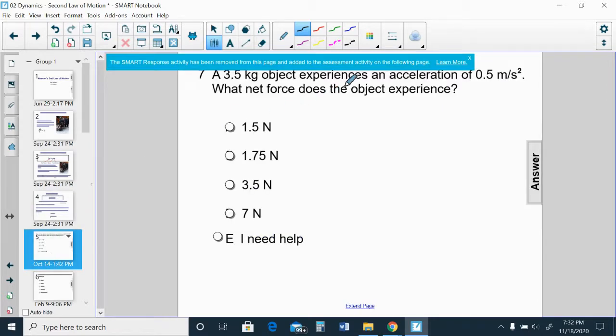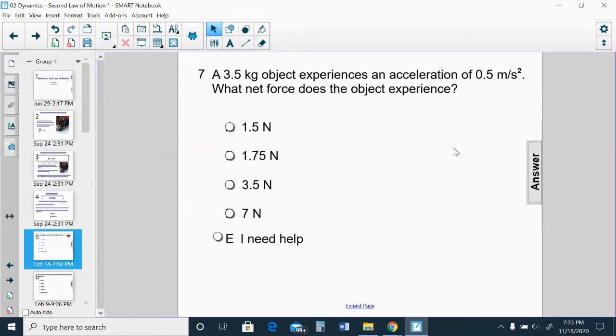Let's try a couple practice problems here. A 3.5 kilogram object experiences an acceleration of 0.5 meters per second squared. What net force does the object experience? So the equation you are using is Newton's second law, so net force equals mass times acceleration. See if you can figure out the answer from that.